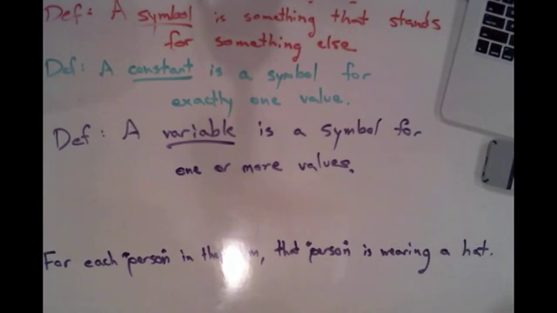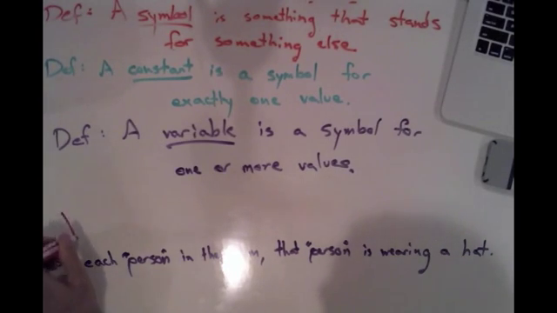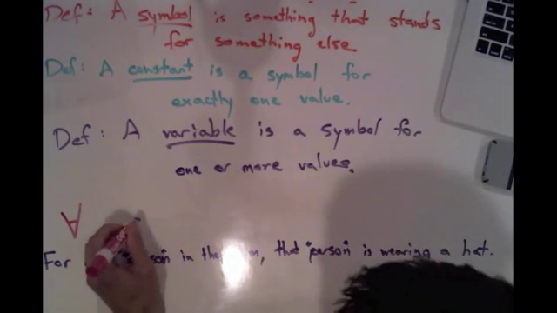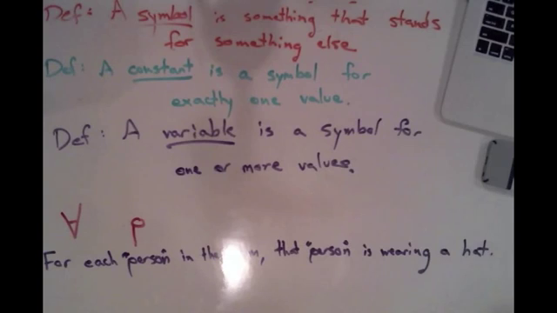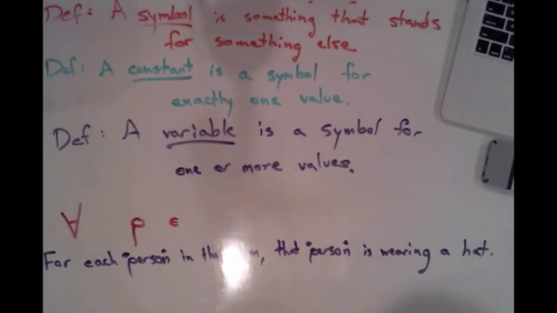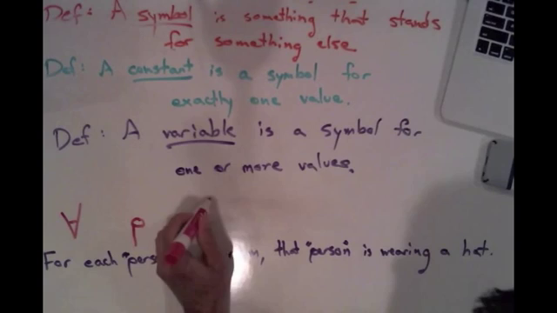Okay, now if you're interested, here's a mathematical way to write the same sentence. In math, instead of saying for each, sometimes we use a special symbol. For each. And then, since mathematicians are lazy, I'll just use a P for person. For each person in, is an element of the room.